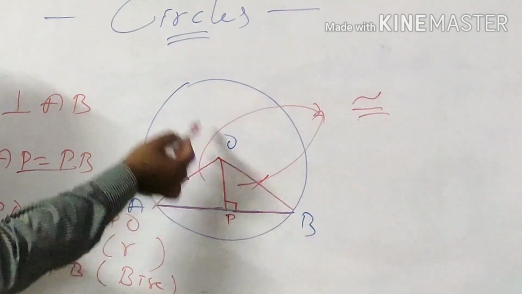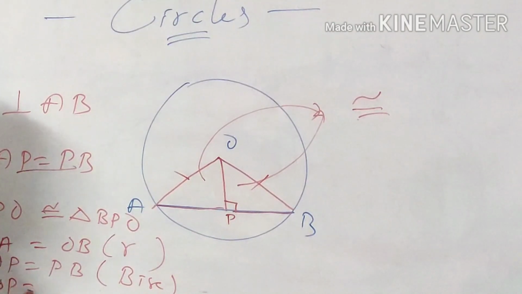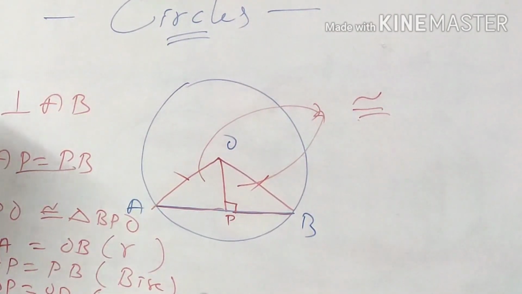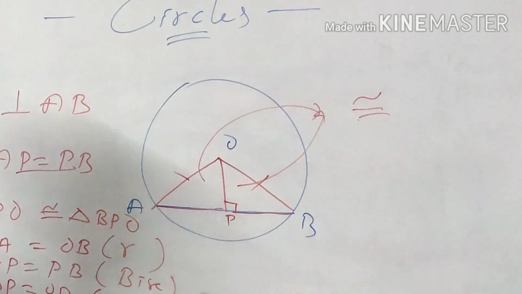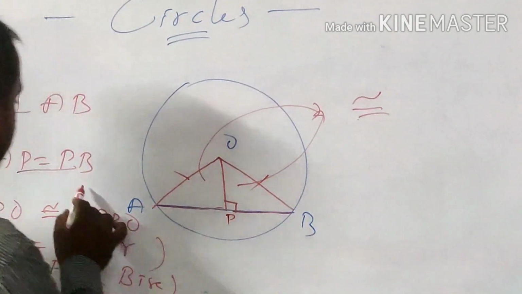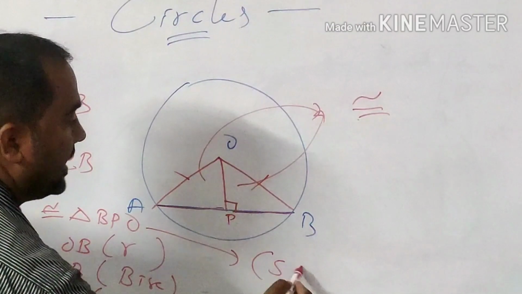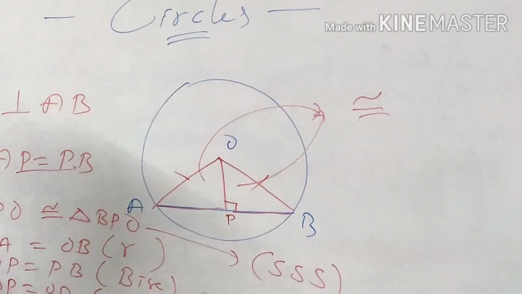And finally, we have a common side, OP is equal to OP. Then three sides of triangle 1 are equal to three sides of triangle 2 respectively. Therefore, these two triangles are congruent by the SSS theorem.